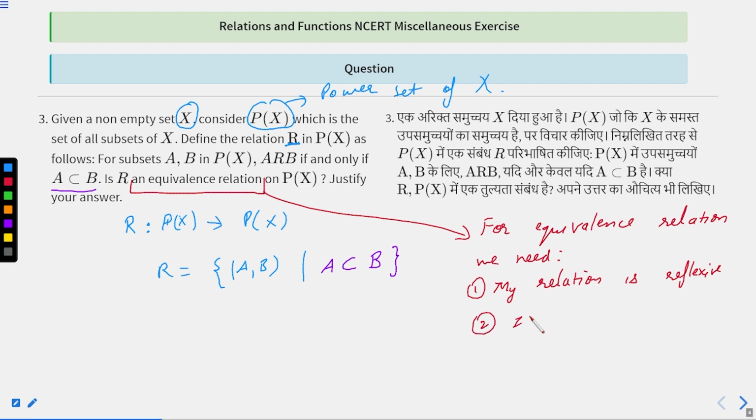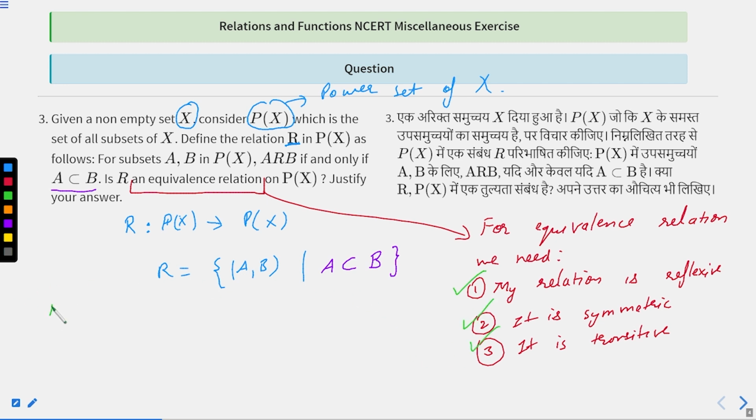Second, it is symmetric. And the last one, it is transitive. So let's check one by one that does it follow all of these things.